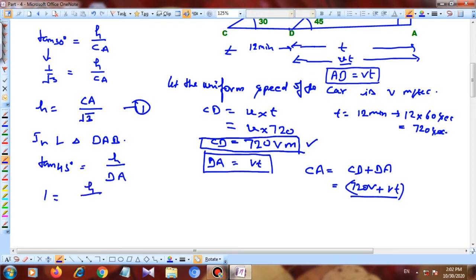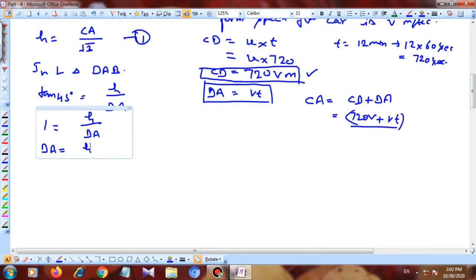So this is H upon DA. So DA equals H. Value of DA is VT. So VT equals H. Right?